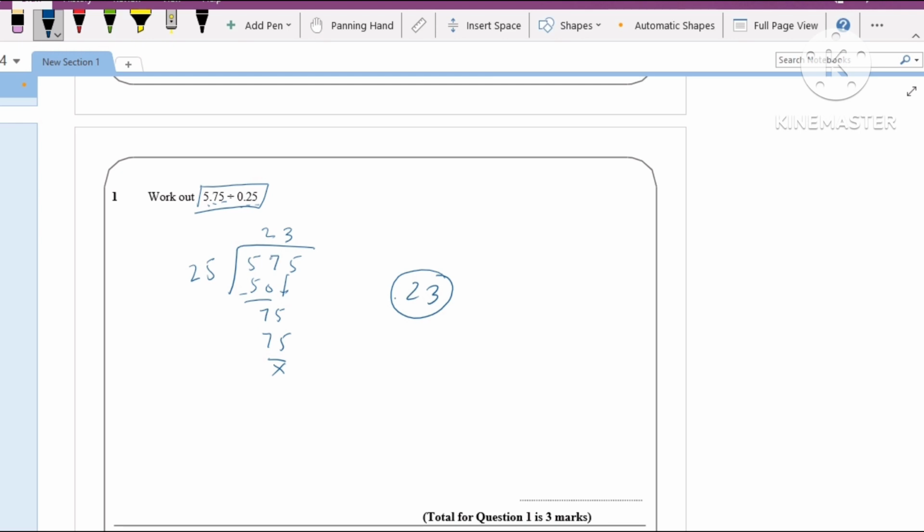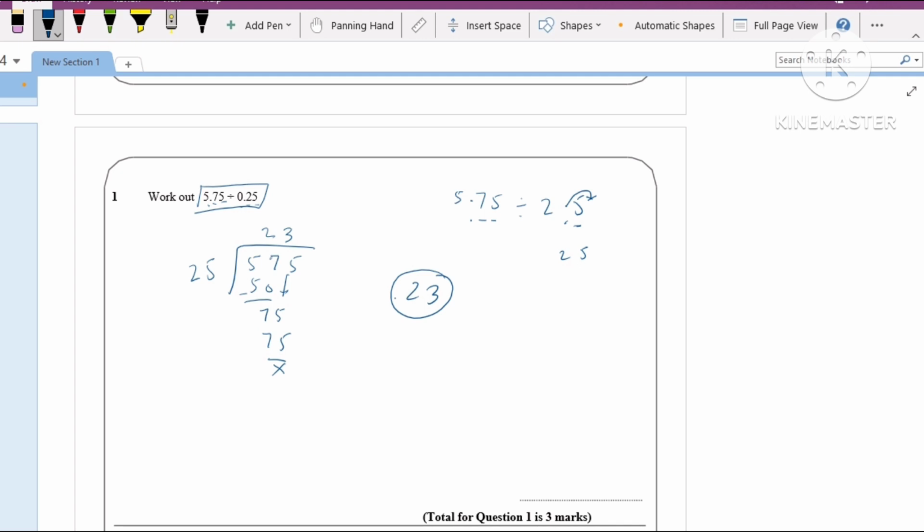If there is a difference, we can't move with this step. For example, if we have a number like 5.75 divided by 2.5, here we can see that in this number after the decimal point we have two digits, but here after the decimal point we have one digit. So we can move the decimal point to remove the point, which means we're going to multiply each number by 10.